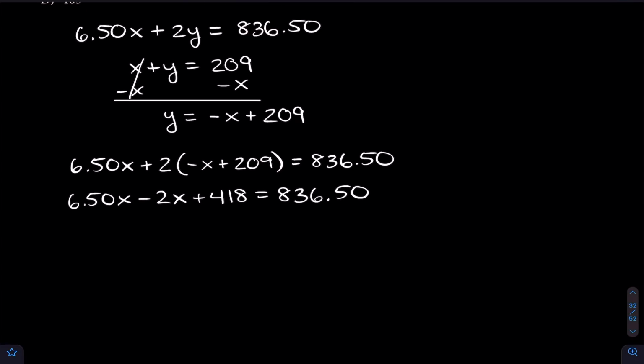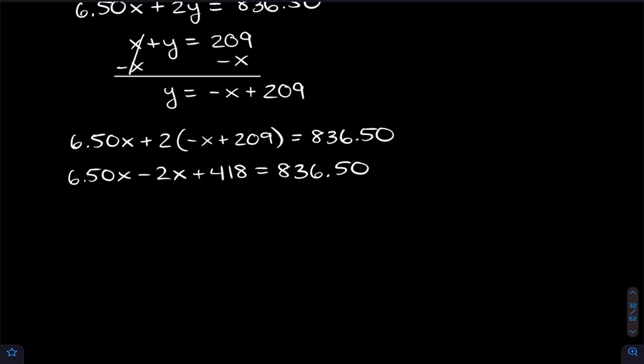We can combine like terms here, and at the same time, we want to get everything that doesn't have an x over to the other side. I'm going to do all of this at once because I don't like writing that much. So I'm going to subtract that 418 to the other side, and I'm going to combine like terms.